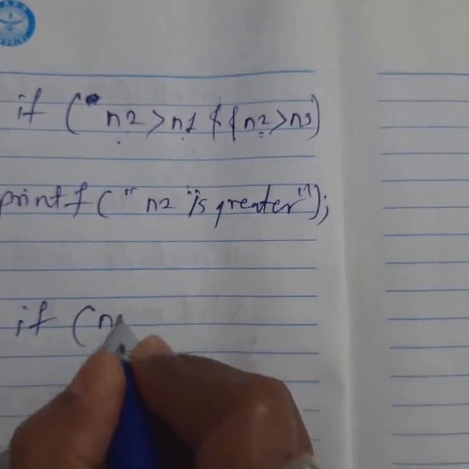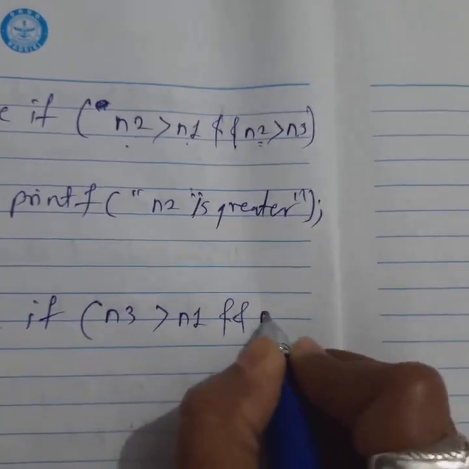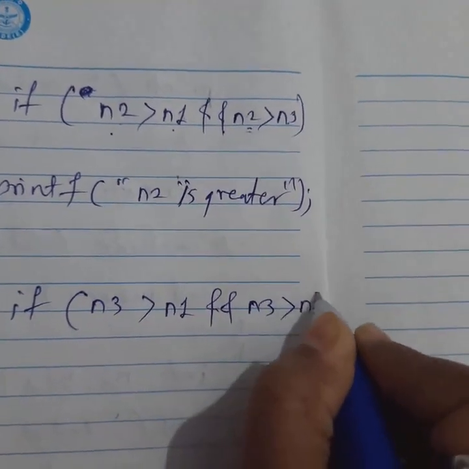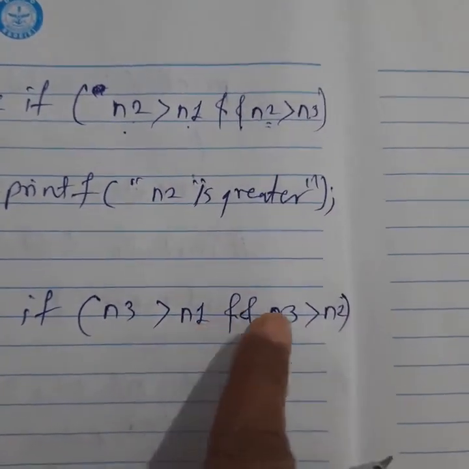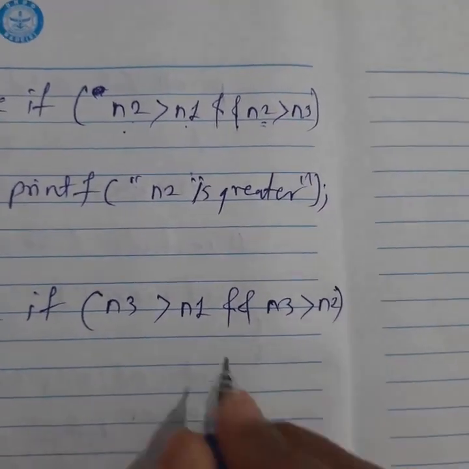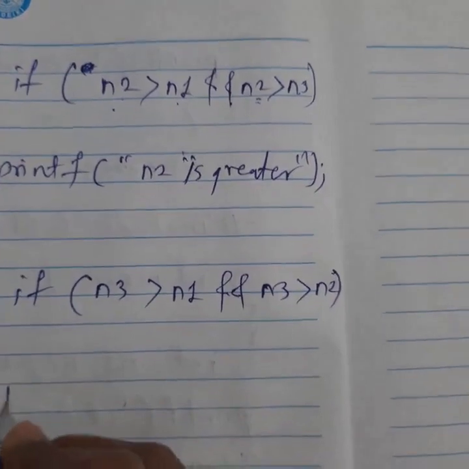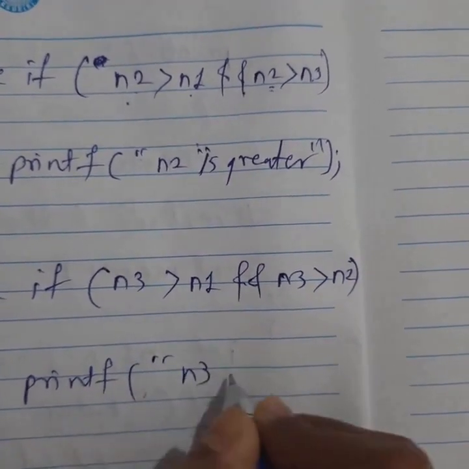The condition for number 3 is: number 3 is greater than number 1 and number 3 is greater than number 2. Again write a printf statement, number 3 is greater.